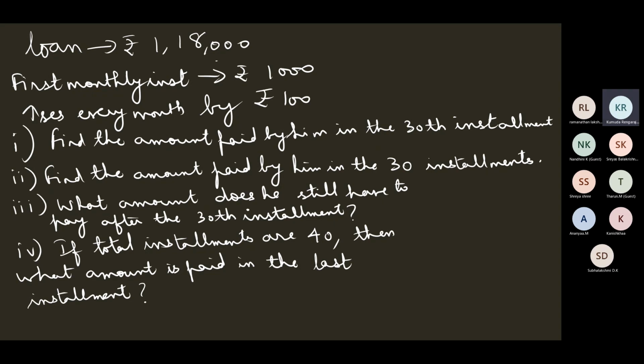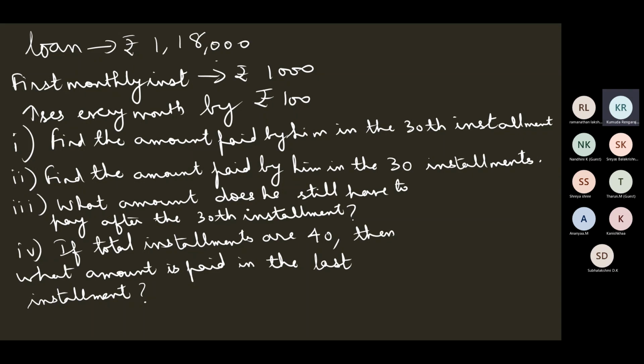What's the amount paid by him in the 30th installment? You have to find A30 or S30. A30. What's the amount paid in the 30th installment? 3,900.